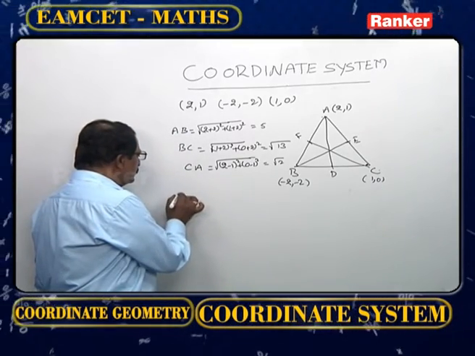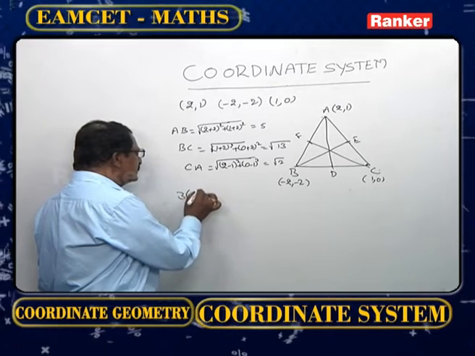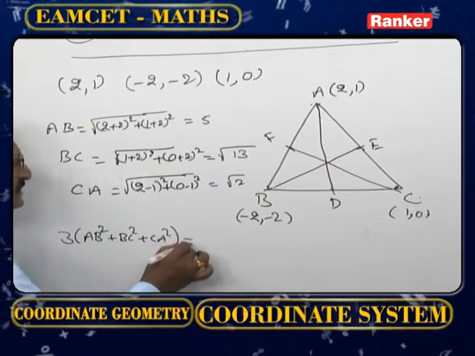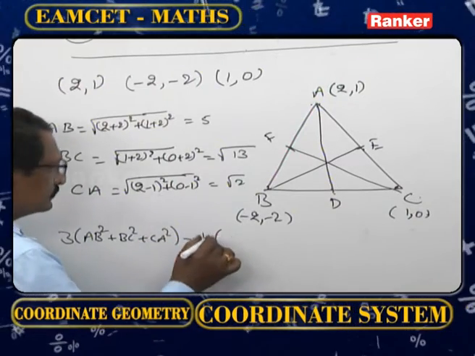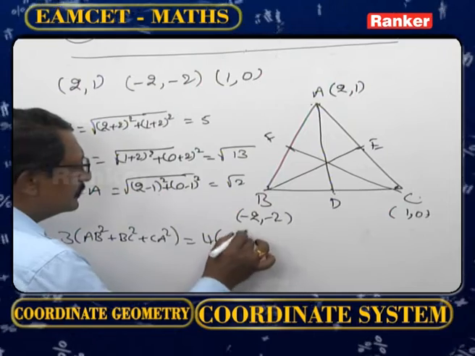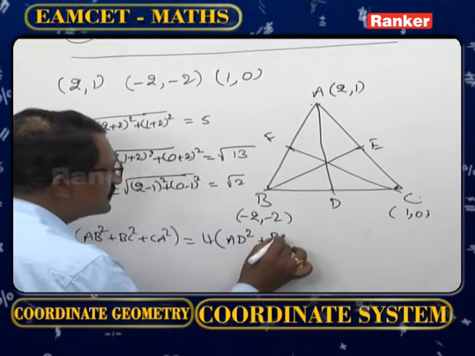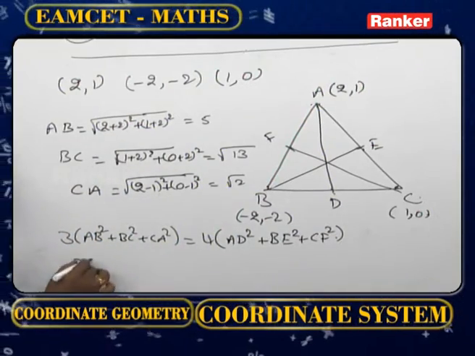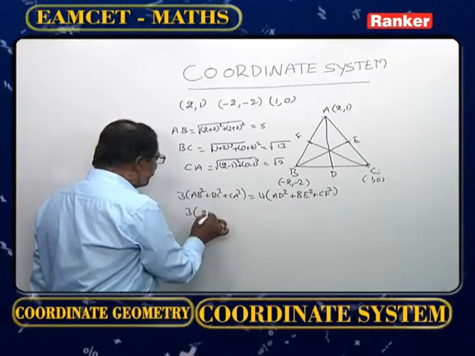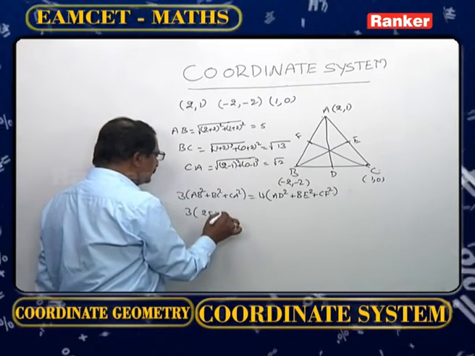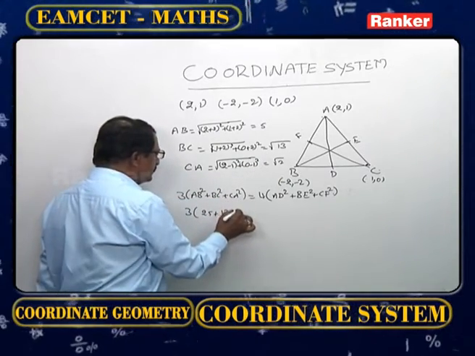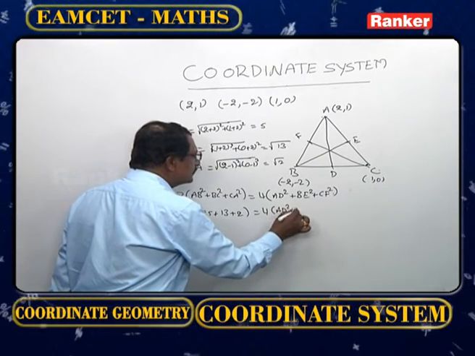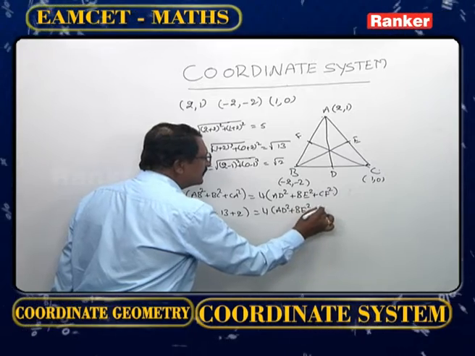Now 3 times the sum of squares of the sides, 3 into AB square plus BC square plus CA square, equals 4 times the sum of squares of its medians, 4 times AD square plus BE square plus CF square. Now 3 into 25 plus BC square 13, CA square 2, equals 4 times AD square plus BE square plus CF square.